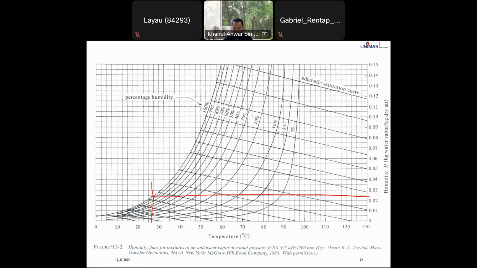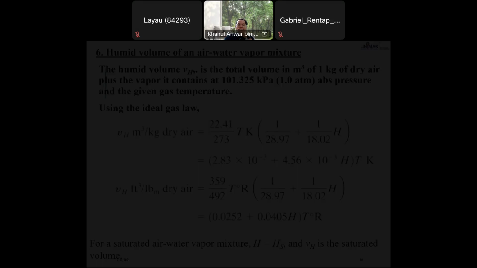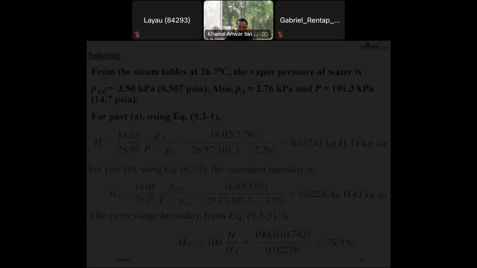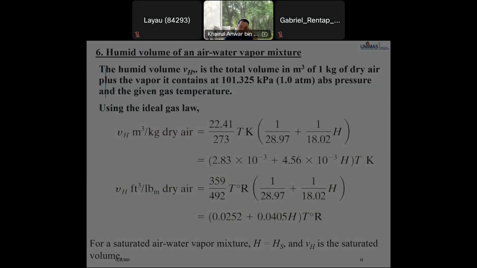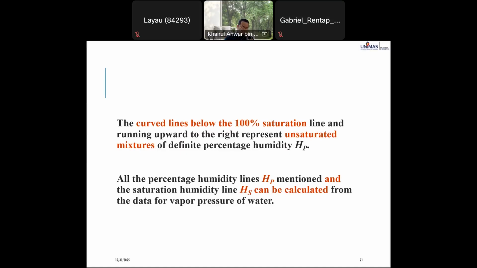So this value is 0.0226 kg water per kg dry air, the same as the calculation made in Example 9.3-1, because in the new book it's Example 33.3-1.